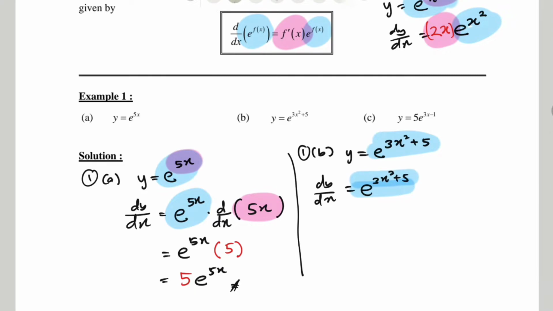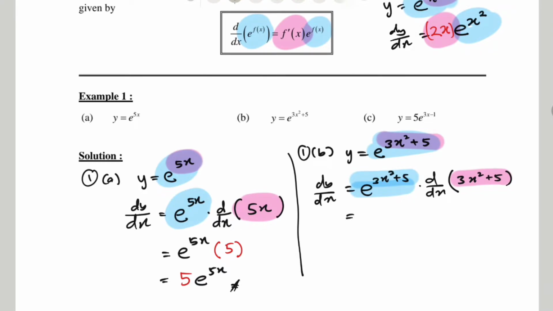After that, write down d over dx with the bracket. What does this mean? This simply means that we want to differentiate the function inside that bracket. And what is the function that we want to differentiate? That is the power of the exponential, which is 3x squared plus 5. Close your parentheses.